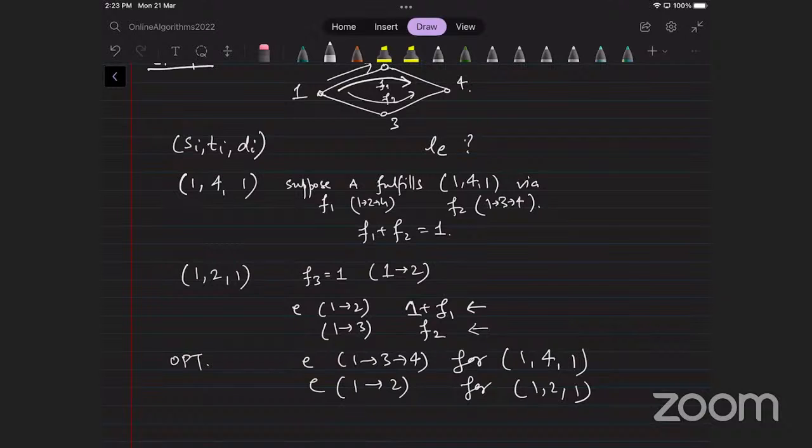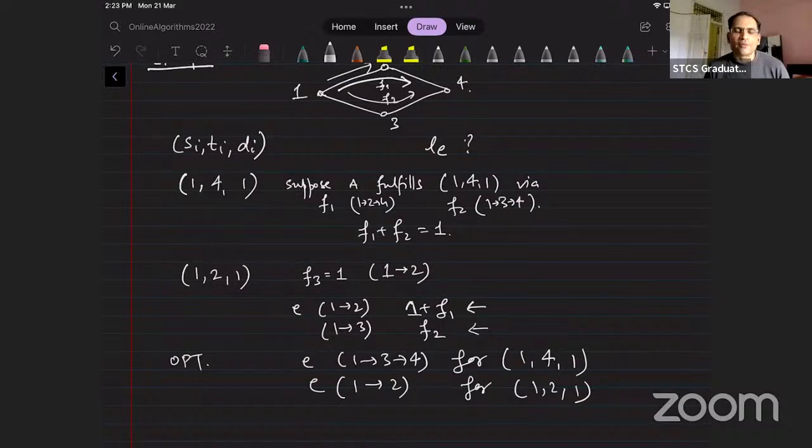See, typically you should think of this in terms of convex functions. What does a convex function want? If you're minimizing the sum of convex functions, the minimizer is typically where everybody is given equal weight.